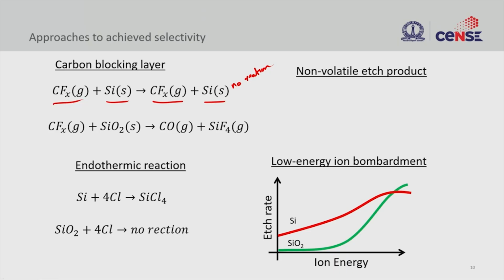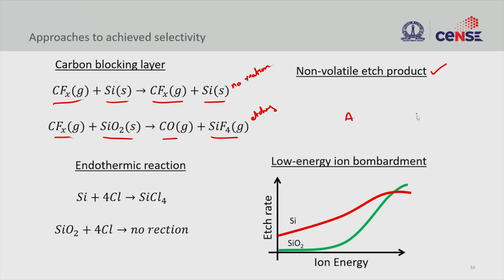But when you have the same radical exposed to silicon dioxide, you create SiF4, which is a gas, and CO, which is a gas. So here you see etching. So by creating a blocking layer, you are able to stop your radicals reaching silicon, and this is how you can create selectivity.